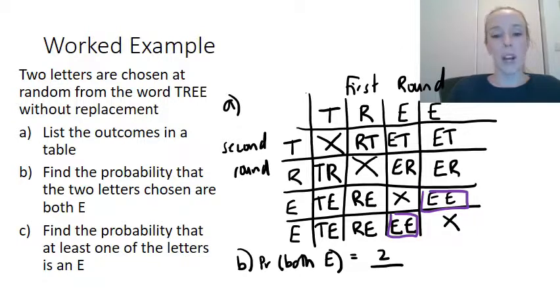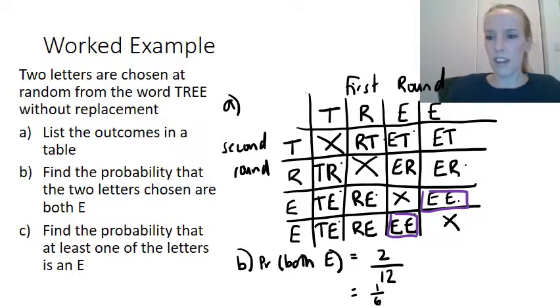Remember, it's not the total number on the table because we've got some outcomes that aren't possible. So it's a total of 1, 2, 3, 4, 5, 6, 7, 8, 9, 10, 11, 12. 2 out of 12. We can then simplify that fraction to 1 out of 6. So 1 out of 6 is our probability of getting 2 E's.